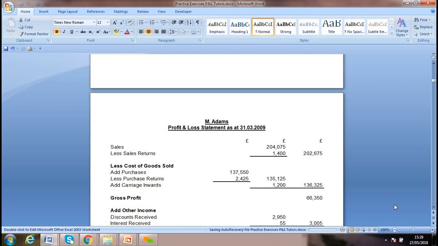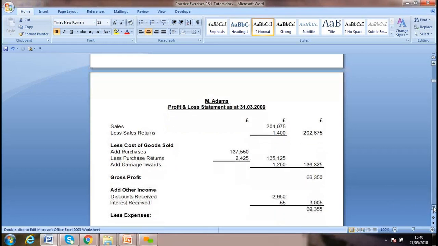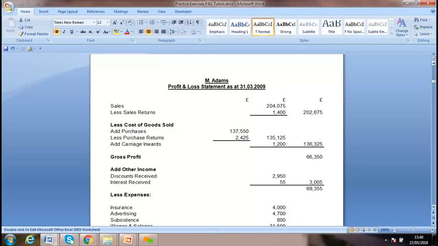Any question, Daniel? Yes, sir. Okay. Discount received is income for a business. It means we had spare cash in the bank, we paid money early to the supplier and the supplier gave us a discount.